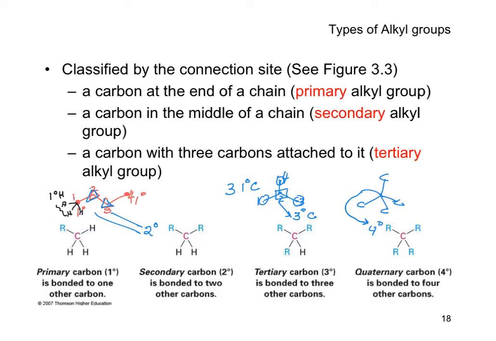Likewise, the hydrogens that are connected to a secondary carbon are called the secondary hydrogens, and the hydrogens that are connected to a tertiary carbon are called tertiary hydrogens. No points for guessing. There is nothing like a quaternary hydrogen because guess what? Recall, the carbon is connected to 4 carbon units. There is no hydrogen because remember, carbon is not pentavalent.